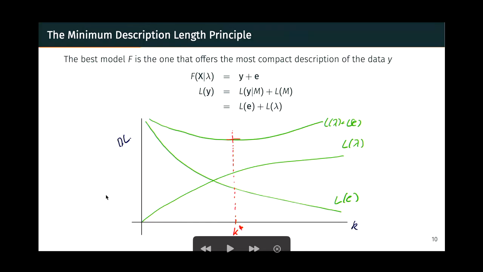So that's the basic idea. And there will be an optimum value where the decreasing cost of the model errors is offset against the increasing cost of the model if I plot the two as a function of model size.